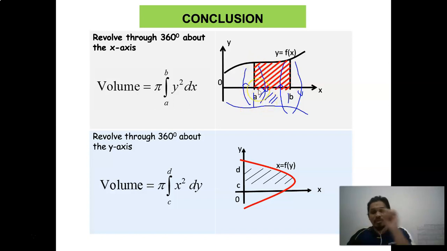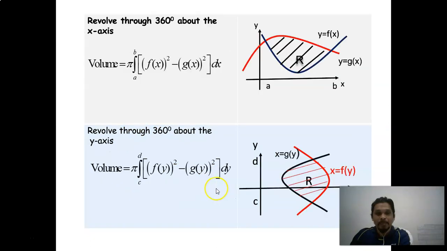It gives us something that looks like a vase, or might be a glass. We also revolve this curve about the y-axis, and this is the formula. And for both of these graphs, the area is bounded by the two curves, to the x-axis and to the y-axis.